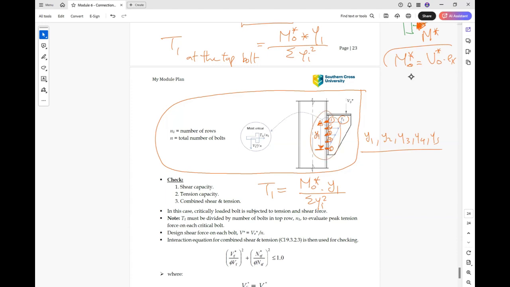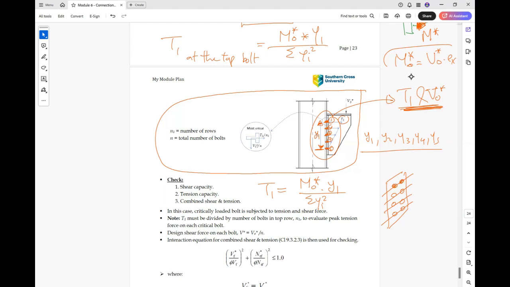So this group of bolts will be subjected to two things, T1 and V star O. These two forces will be divided between this group. If we have the side view with two rows or two lines, we have to subdivide the forces between them.